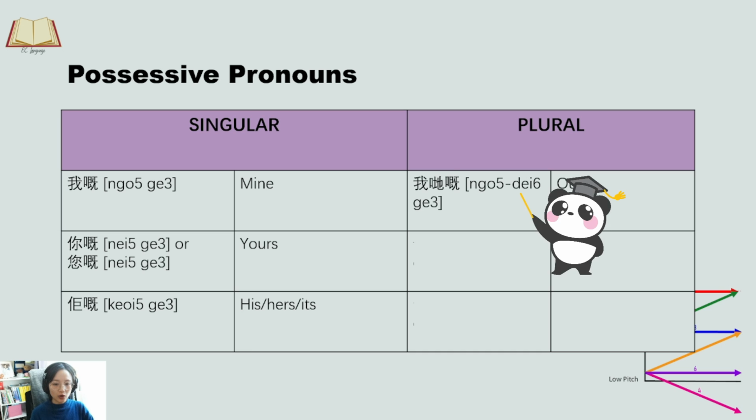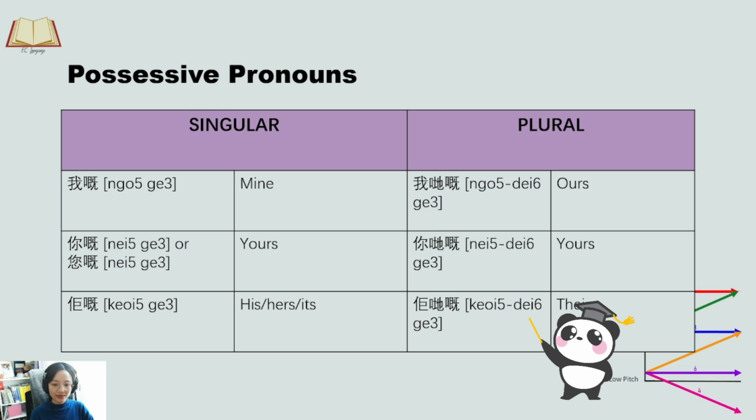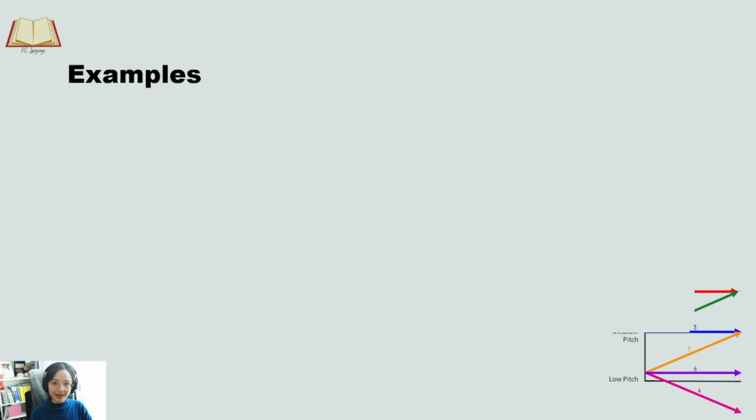Ours, 我哋嘅. Yours, 你哋嘅. And finally, theirs, 佢哋嘅. Examples.